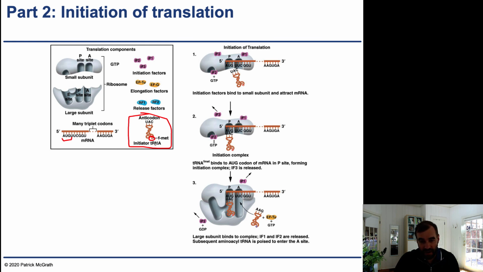modified methionine amino acid. For initiation to occur, you have to have these initiation factors, and you start out with the small cap. These initiation factors bind the mRNA. They help the cap bind the mRNA, and they also help the initiator tRNA initially find that proper codon in the mRNA.